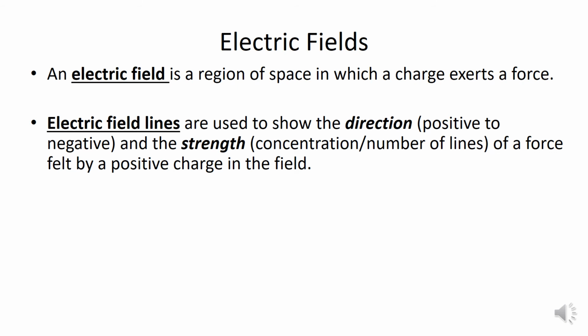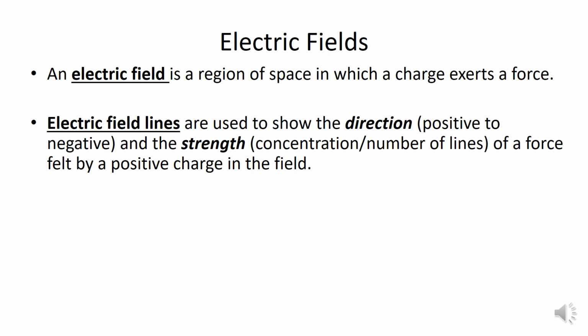Electric field lines are used to show the direction, which is always positive to negative, and the strength, which is shown by the concentration or number of lines, of a force felt by a positive charge in the field.